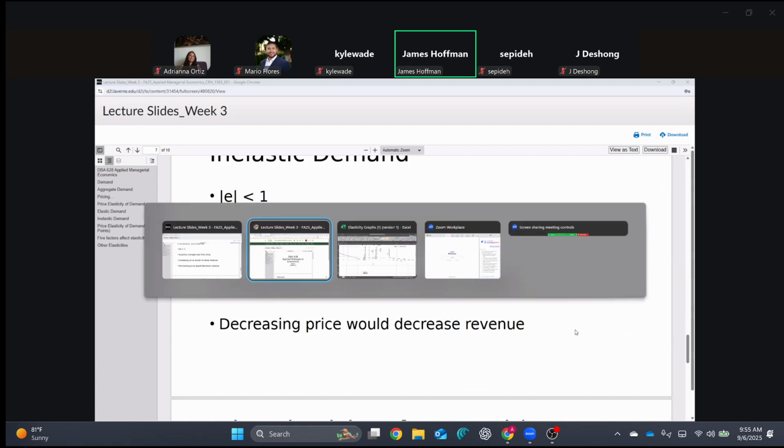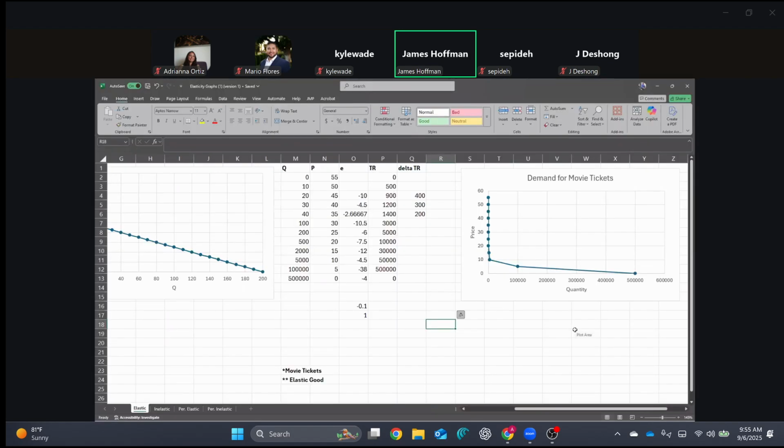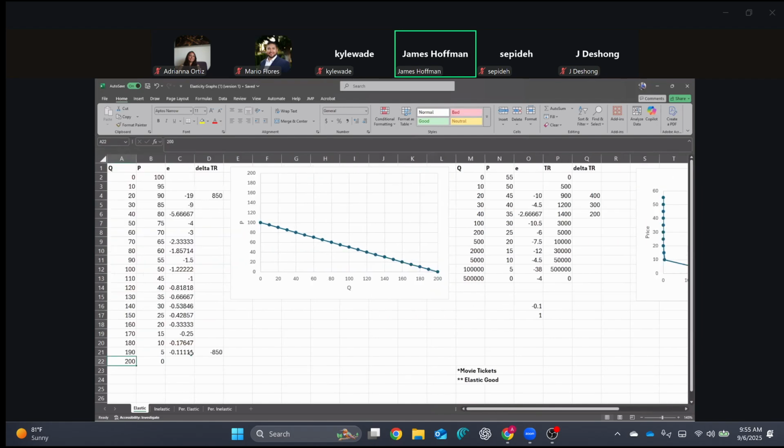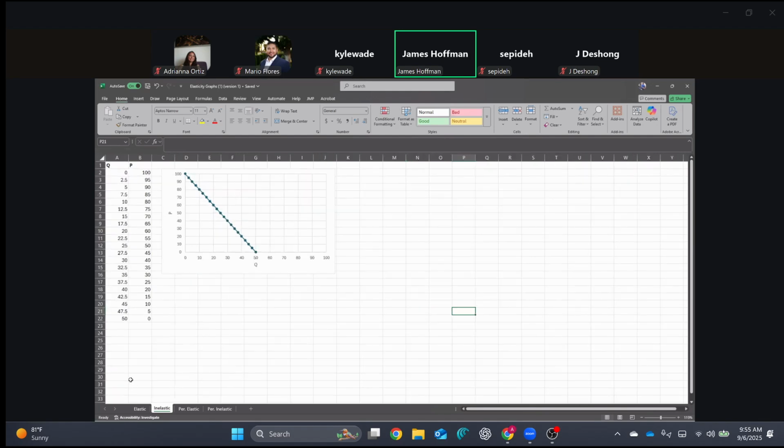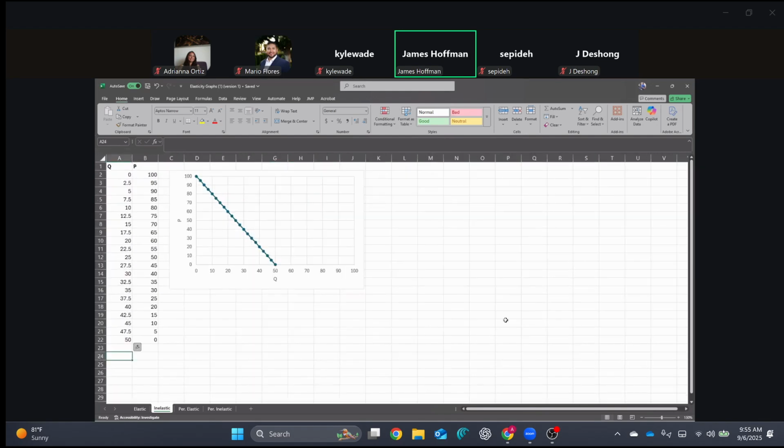So let me go back to graphs here. All right, why don't we do a quick example of an inelastic good on the second tab, which I've already started. But first, why don't we think of an example of what an inelastic good might be?